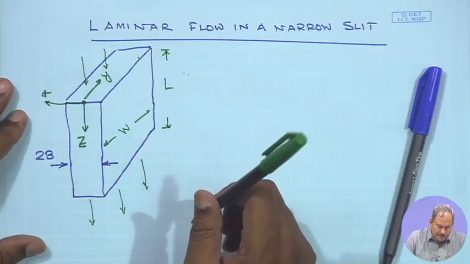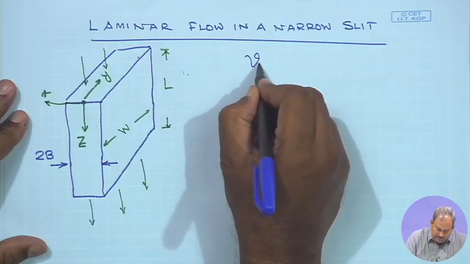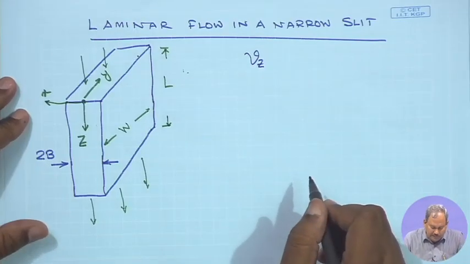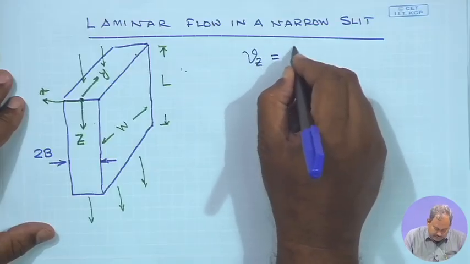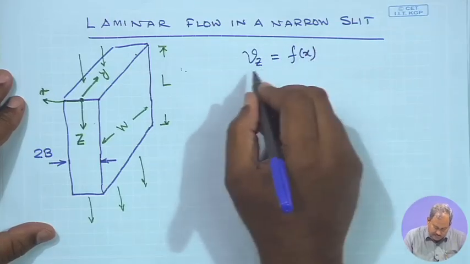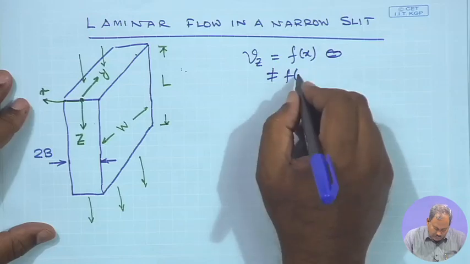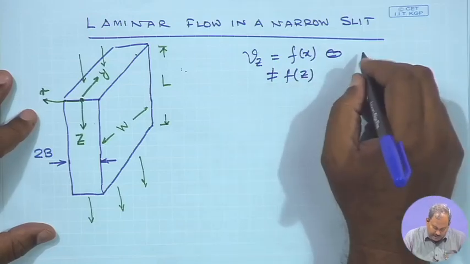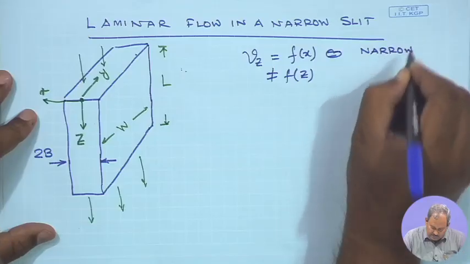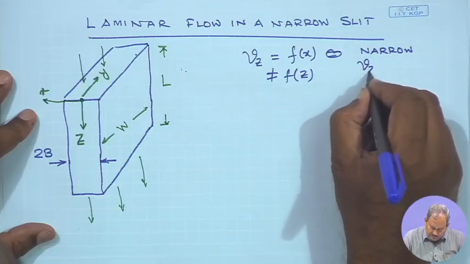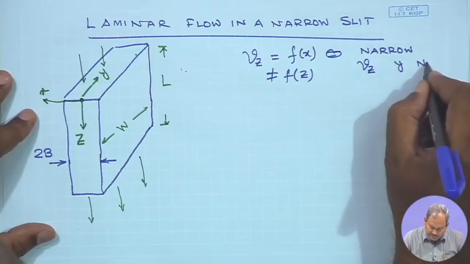Okay. And we can see that Vz is the only non-zero component of velocity, and Vz is a function of x. Vz is not a function of z, and since it is a narrow slit, dependence of Vz on y can be neglected.